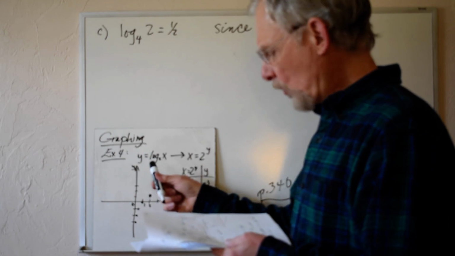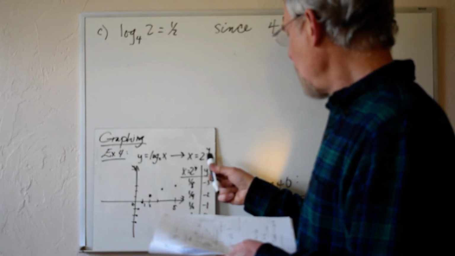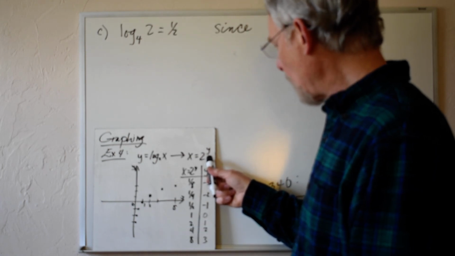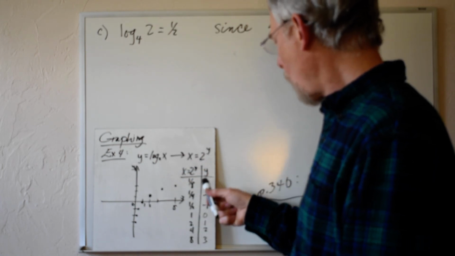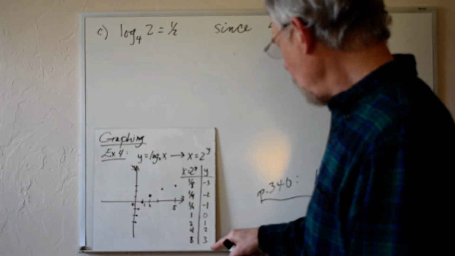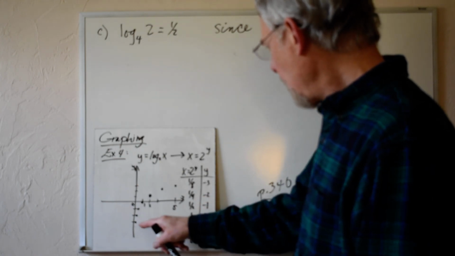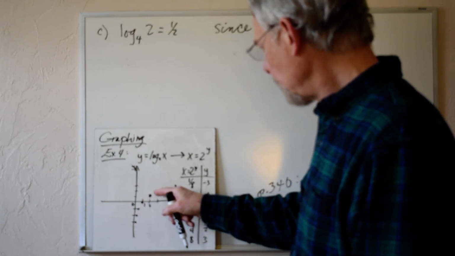It talks about the function y equals the log of x to the base 2. Now the equivalent exponential form of this function is x equals 2 to the y. If we just pick out some random y values and calculate the x values, we get these ordered pairs.